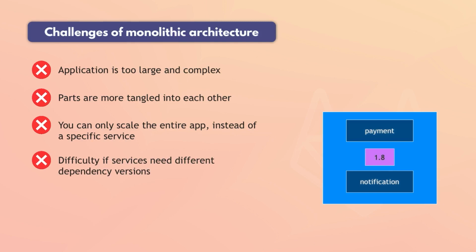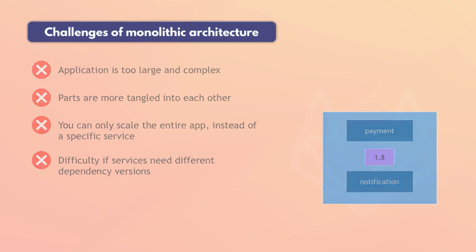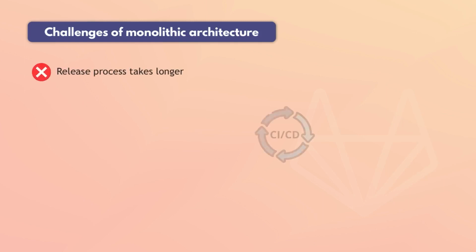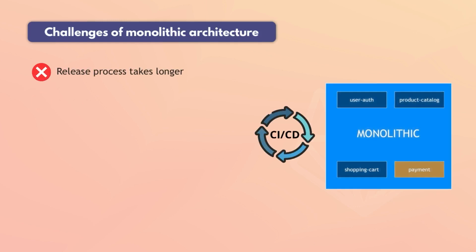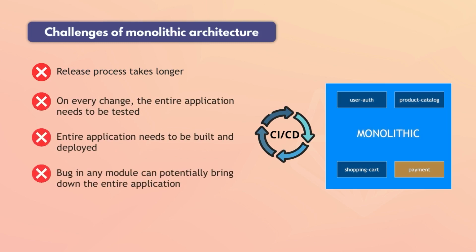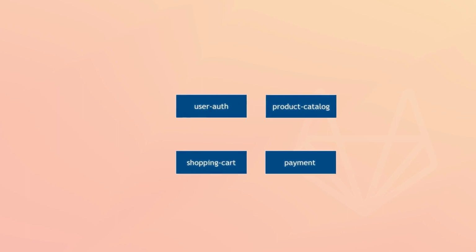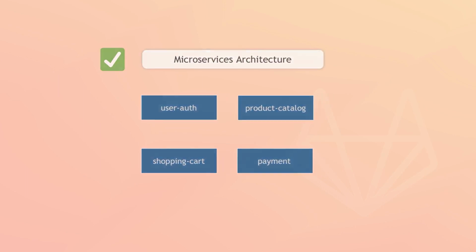Another major issue with monolith applications is that the release process of such applications takes longer because for changes in any part of the application, in any feature, you need to test and build the whole application to deploy those changes. And the answer to all these issues was a microservices architecture.